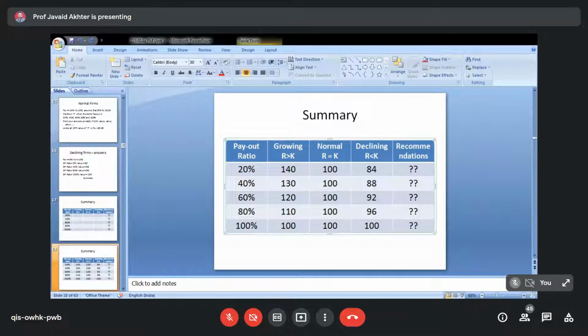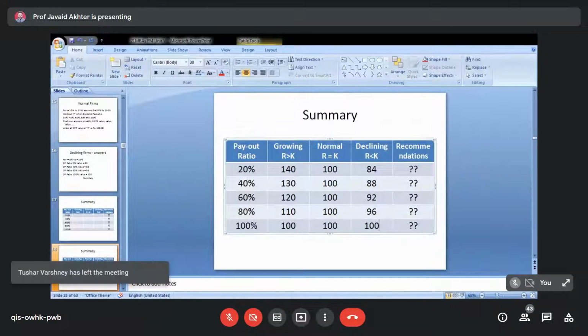And as a result of buying and selling, the prices will either go up or come down. In case of a declining firm, there will not be much of an issue. Why not much of an issue? Because in any case there will be buyers. Growing is over. Now come to the declining company.